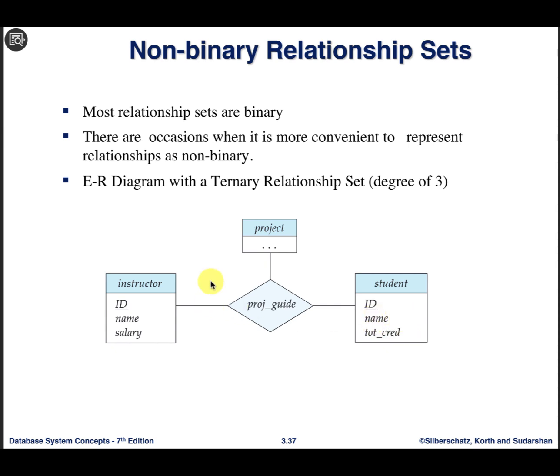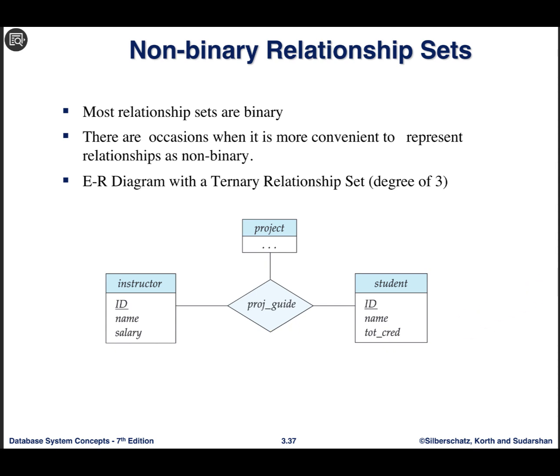In other words, each student working on a project must be associated with an instructor who guides the student on the project. So the relationship we try to capture is which instructor is guiding which student on which project. In this case, we have a ternary relationship. Maybe you have more, but in most cases we're going to have a binary relationship.